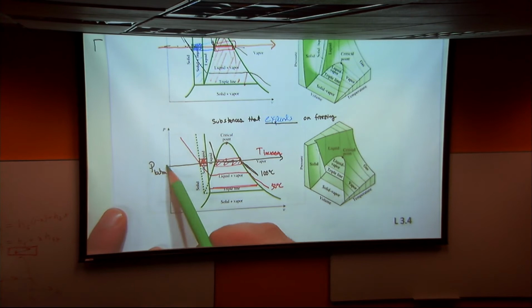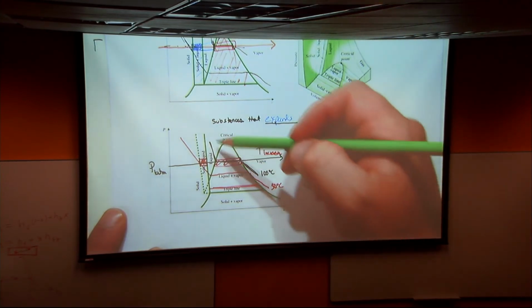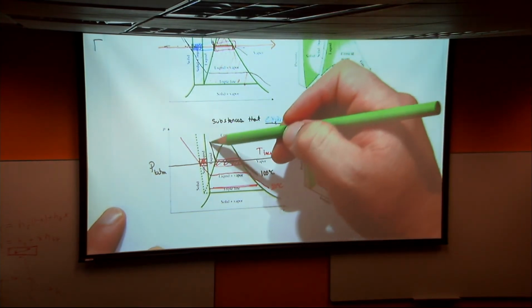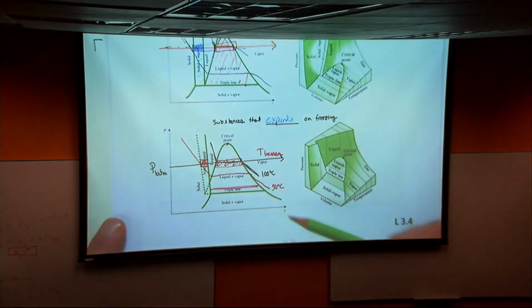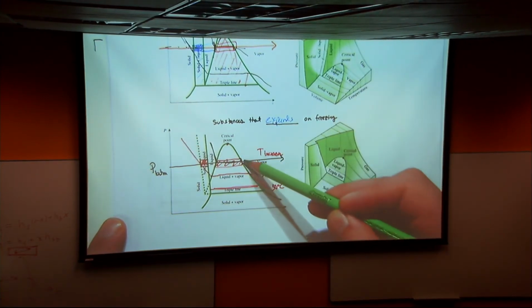Now, as I increase in specific volume, in some ways I can draw a temperature isotherm, right? And so I can have one at 50 degrees C here, and I can have one at 100 degrees C here.